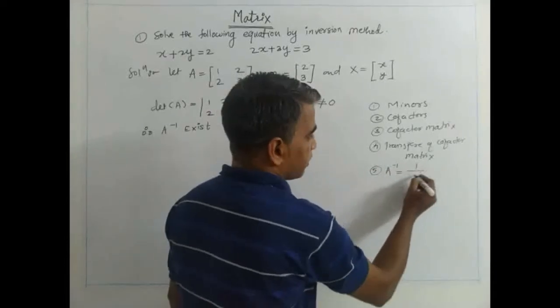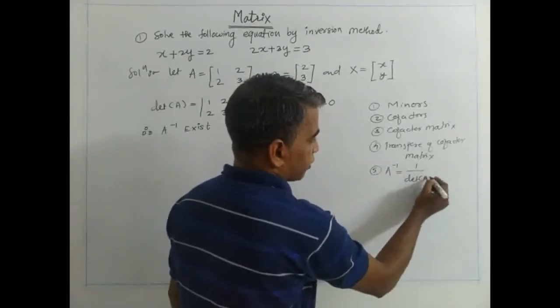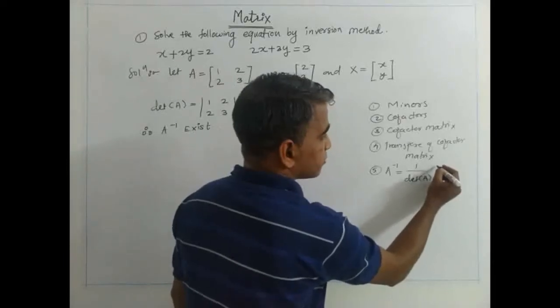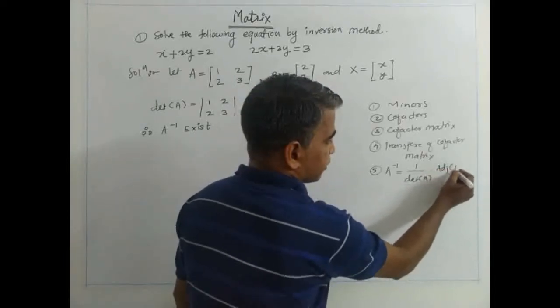And we are going to use the formula: 1 upon the determinant of A into the adjoint of A.